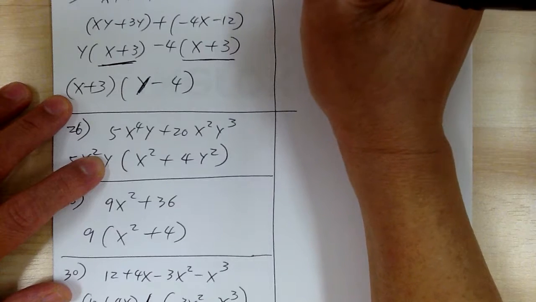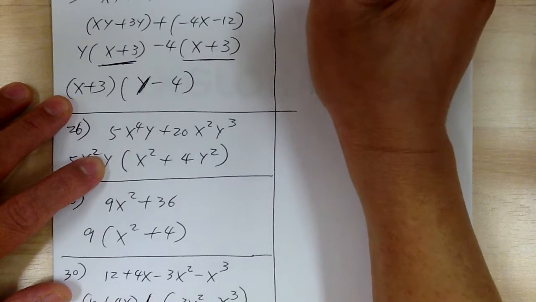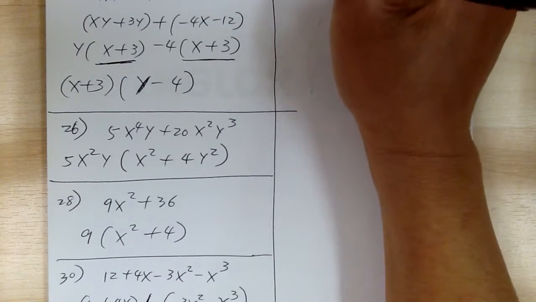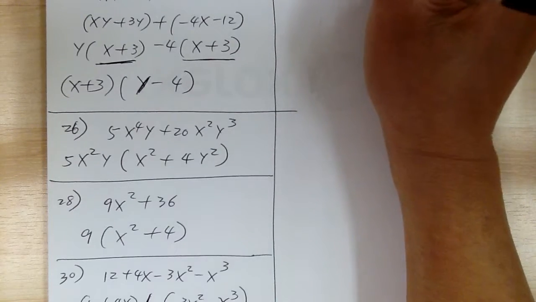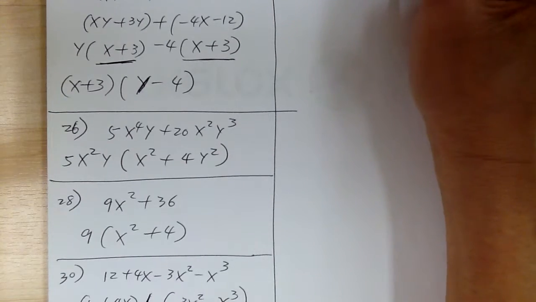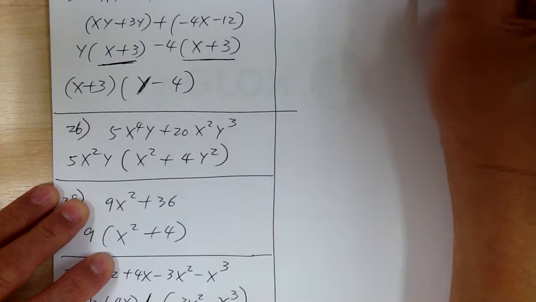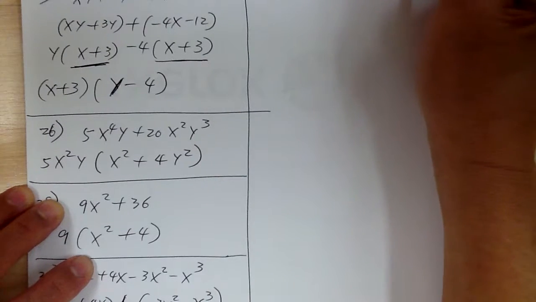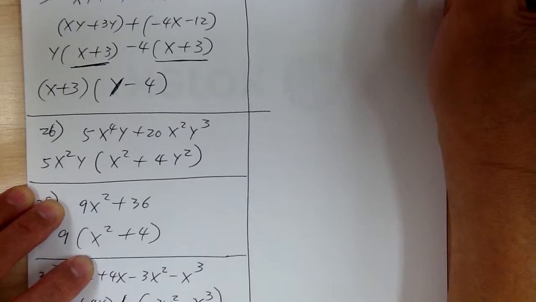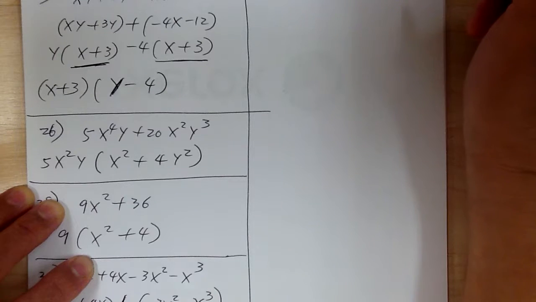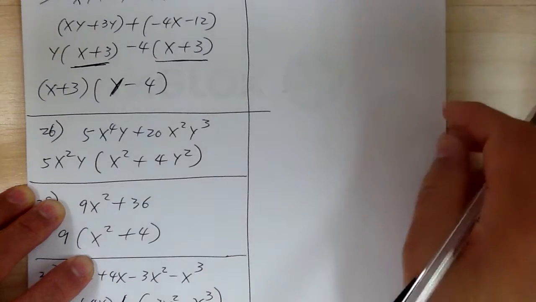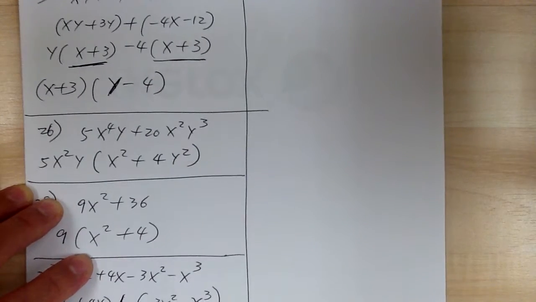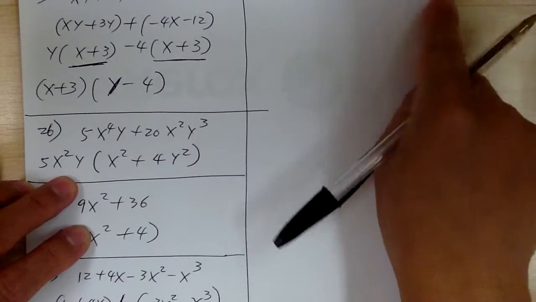Number 32, you have 8wx plus 5xy minus 4yz minus 11yz. Now this one, what you need to do is notice you have like terms.